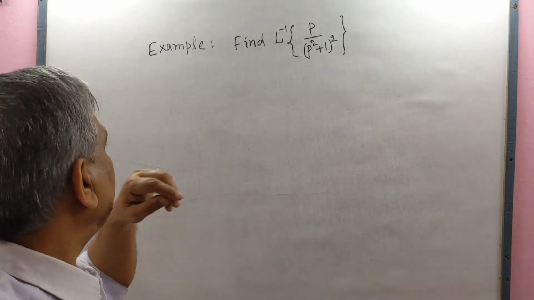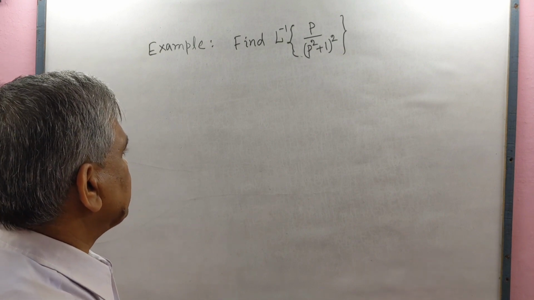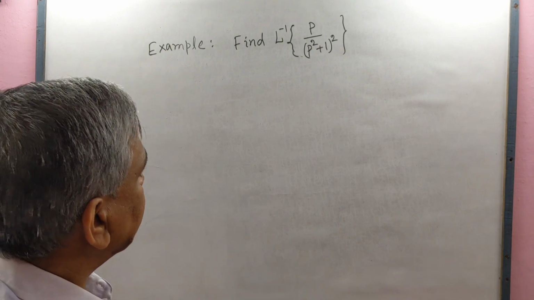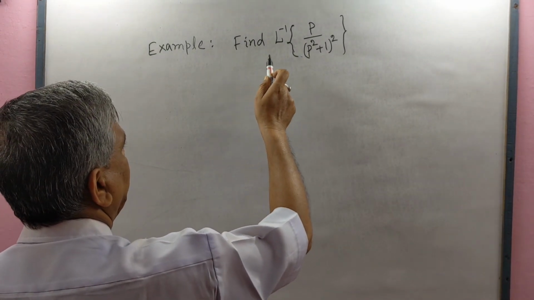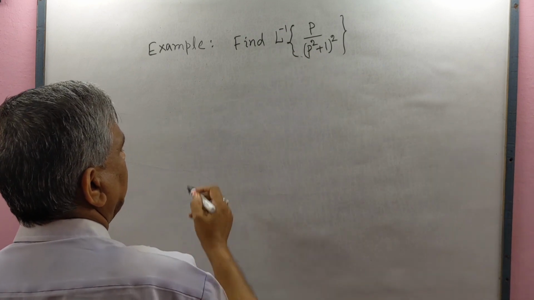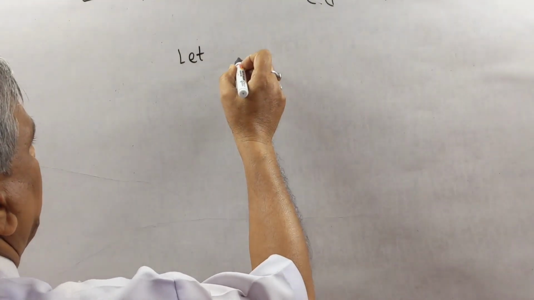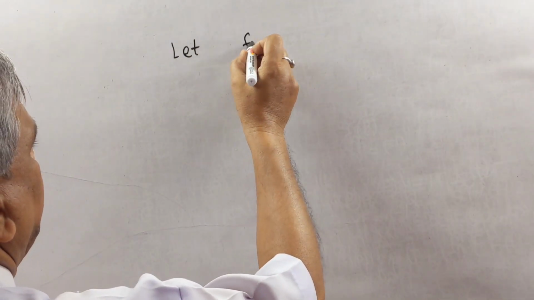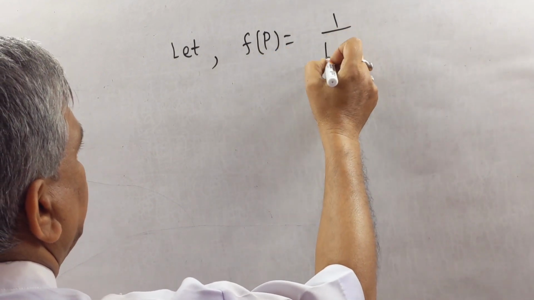Now we shall give an example of inverse Laplace transformation of derivatives. Here, to find L inverse p by p square plus 1 whole square, let F(p) equal to 1 by p square plus 1.